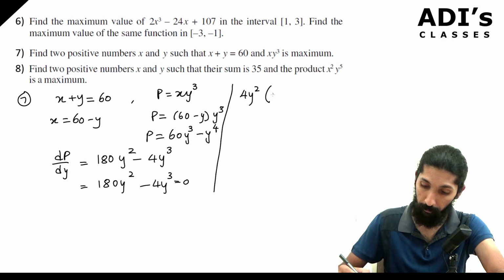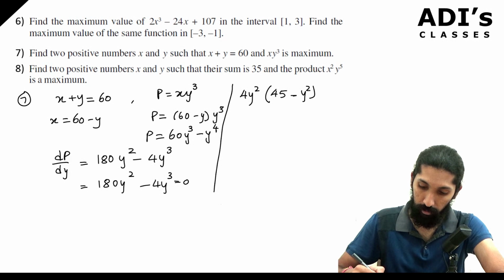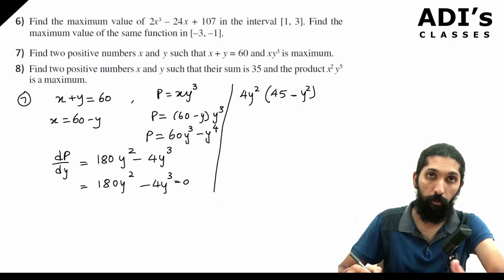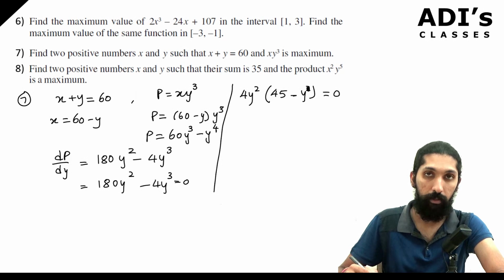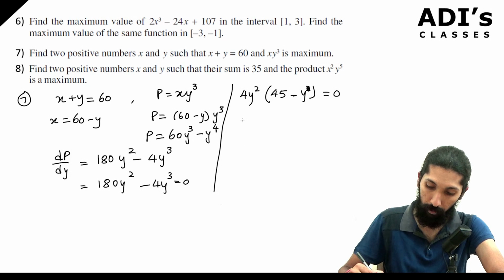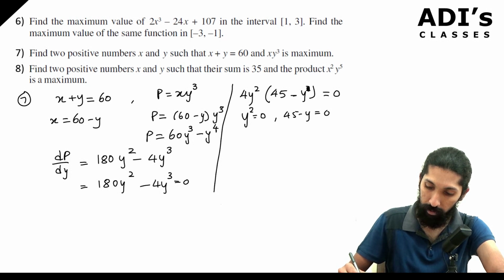So 45 minus y, times 4y square, is 0. Now, either y square is 0 or 45 minus y is 0. So y is equal to 0 or y is equal to 45.